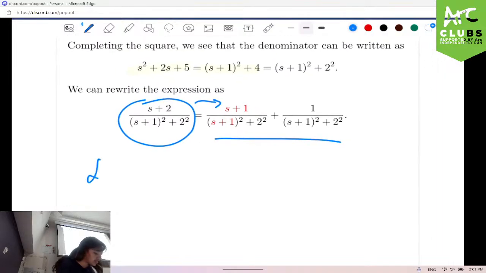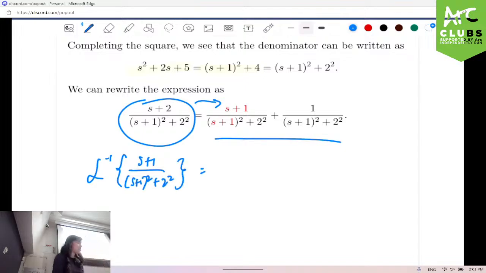So first of all, let's find the inverse Laplace of (s plus 1) over (s plus 1 squared plus 4). What does this look like? Cosine, right? But is it just cosine? It's a shift. Which theorem are we using? First, second shifting? First, right? Because there's only one shift.